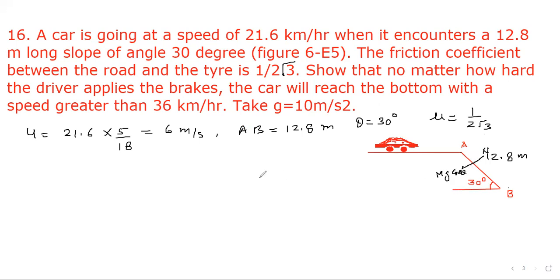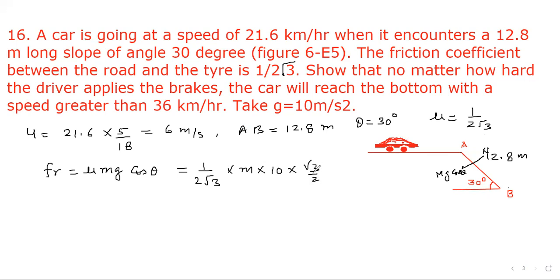And in that case, friction will be given by mu mg cos theta. We can put in the values: 1 upon 2 root 3 into m into g, which is 10, into cos 30.